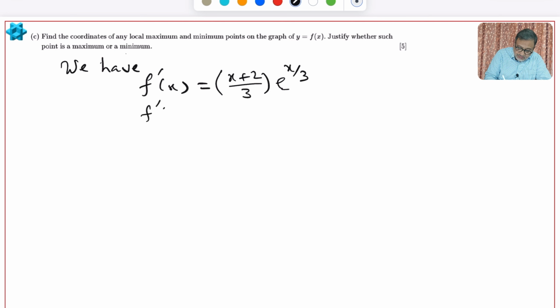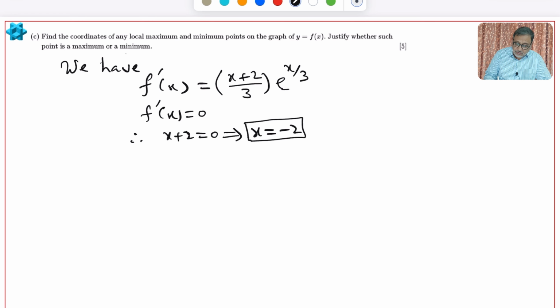So f dash of x is equal to 0 will give us x plus 2 is equal to 0, because the denominator 3 cannot be 0, and e raised to anything cannot be 0. So which means x is equal to minus 2, right? This is the x coordinate, right? Now for this x coordinate we have to test how the graph behaves, right?